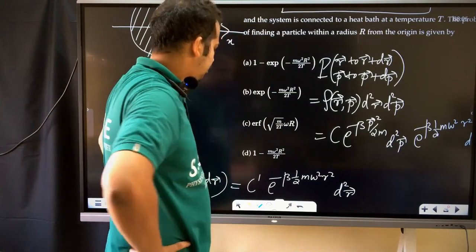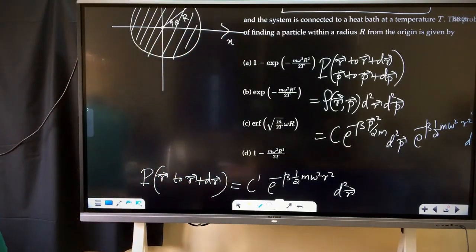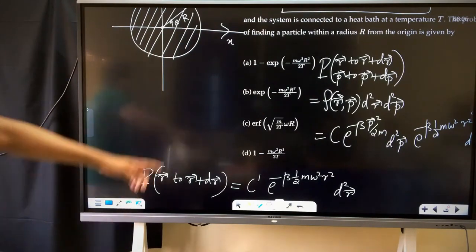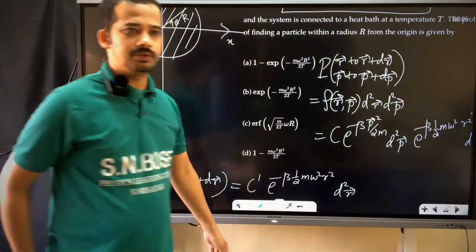I think there might be some typo. So beta is 1 by k_B T, so k_B T should be there. Or maybe that's tau. Wait, one second. I'll check the original question. We will add it. k_B should be there in beta.